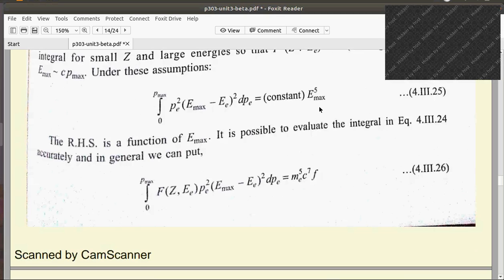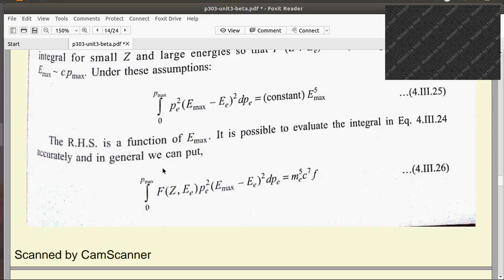This value of E_max is already known to us. It is possible to evaluate the integral in 4.24 accurately, and in general we can write. So this was a solution obtained when taking f equal to 1. If f is 1, then we know that the value is proportional to E_max raised to the 5th power.